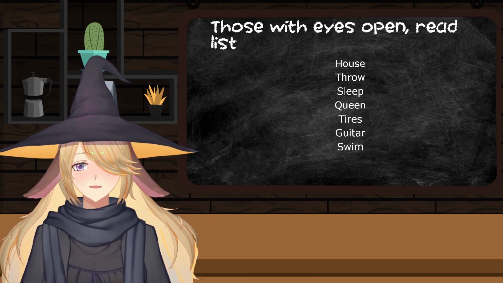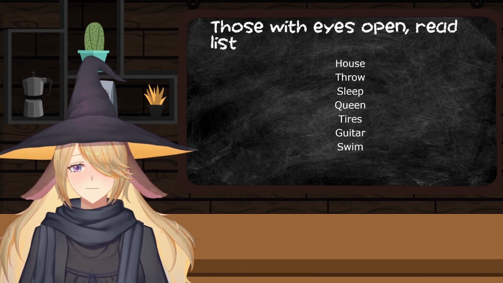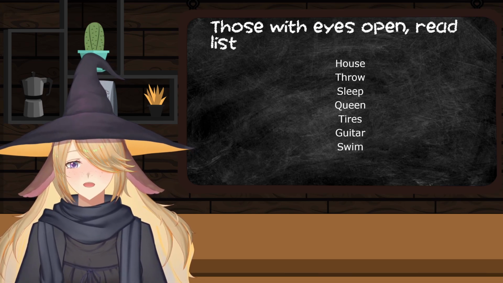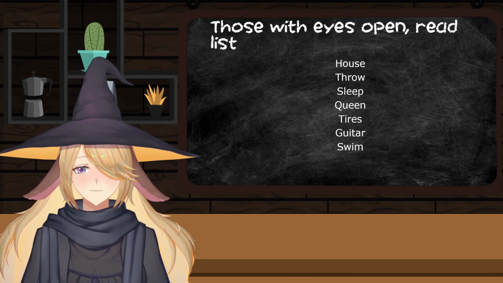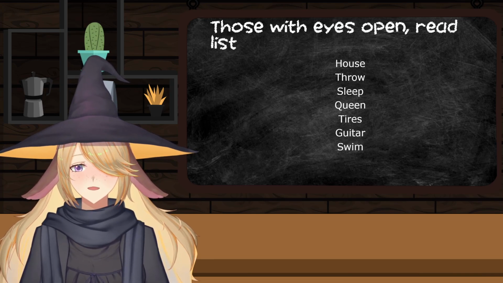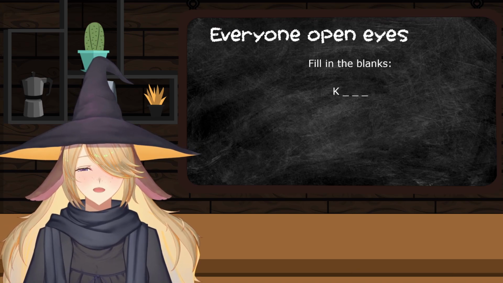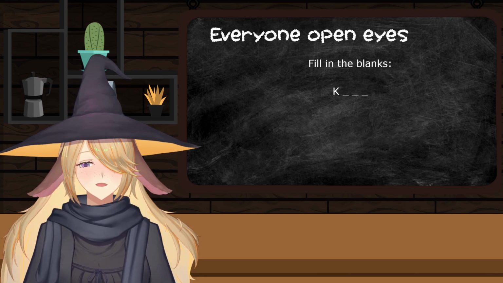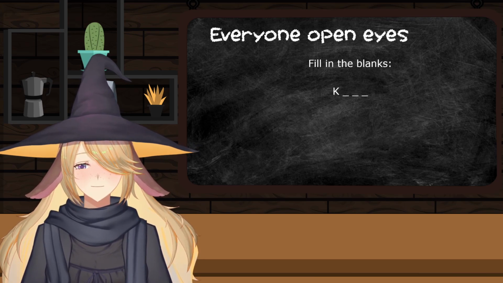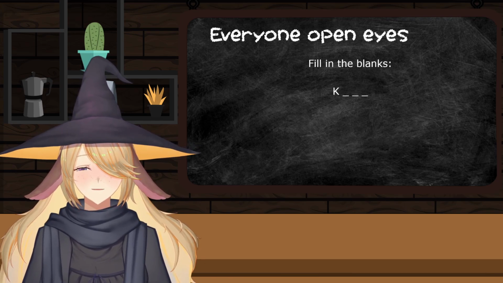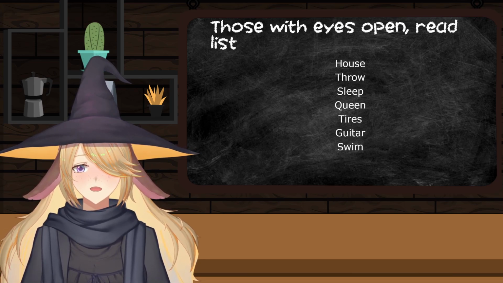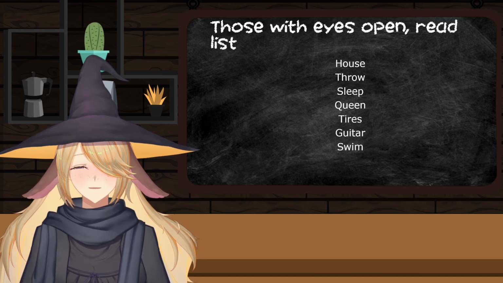Now, again, it's house, throw, sleep, queen, tires, guitar, swim. What does that look like here? Now, when I show you, I want you to fill in the blank: what comes to your mind? K followed by 3 blanks. Remember those words: house, throw, sleep, queen, tires, guitar, swim.